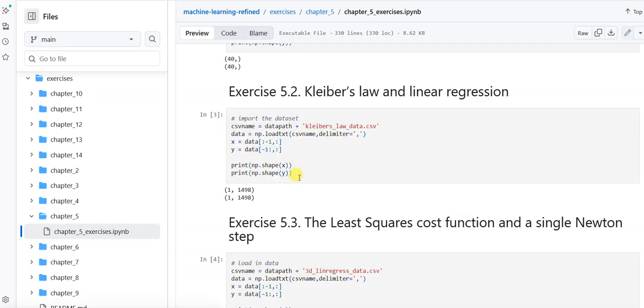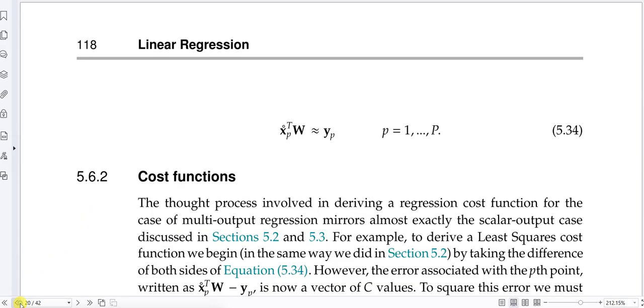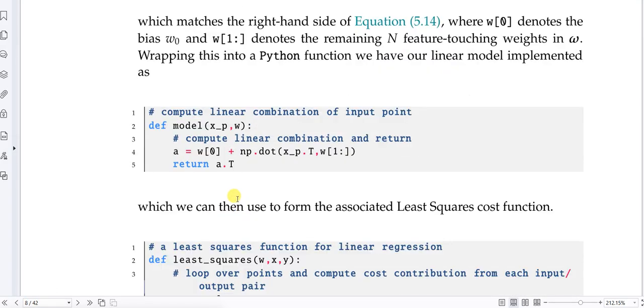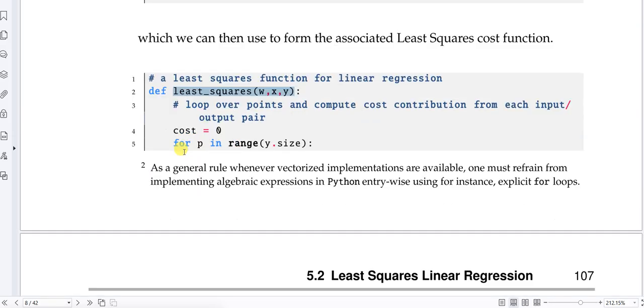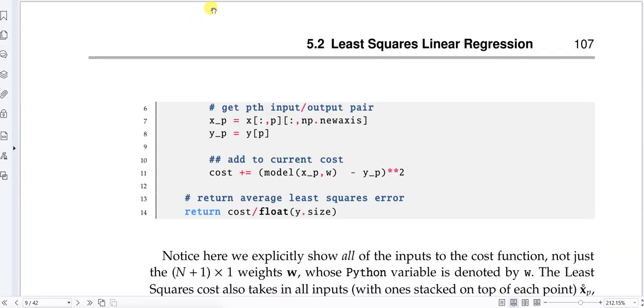Now you need to write code for the model implementation. Here you are defining the method least squares. This function, after that code is used to load the data, next by using this you need to compute that. And this is about the first question.